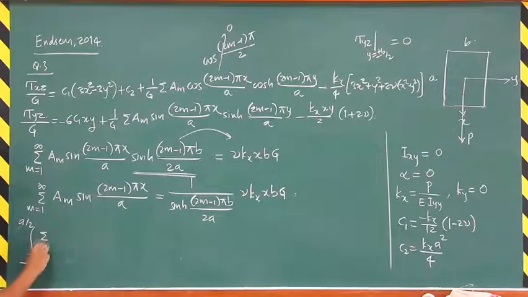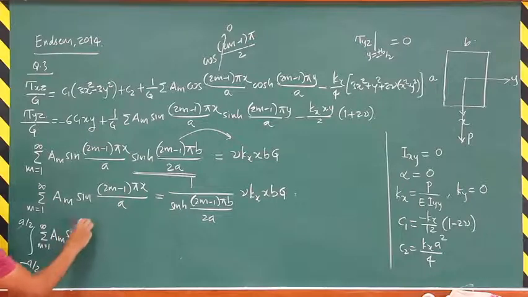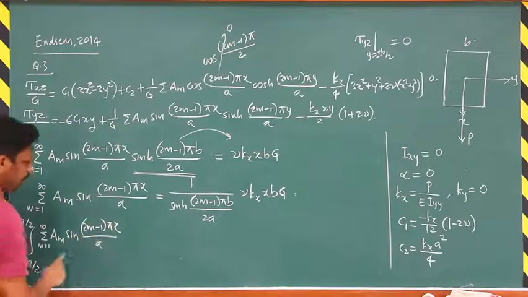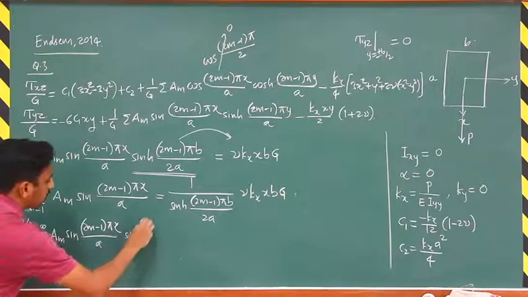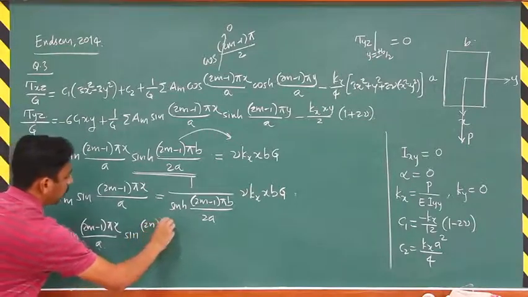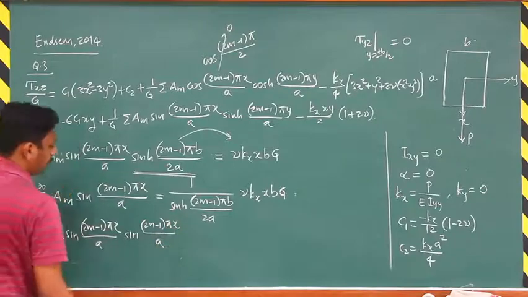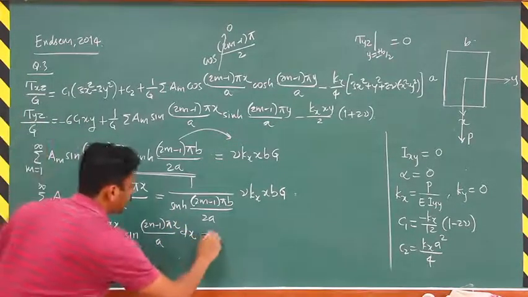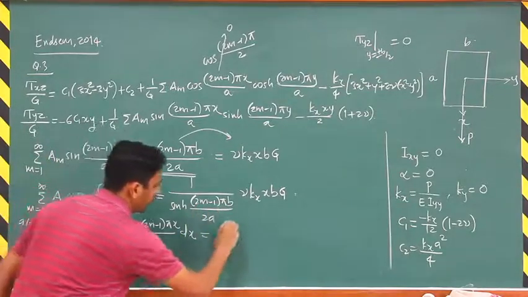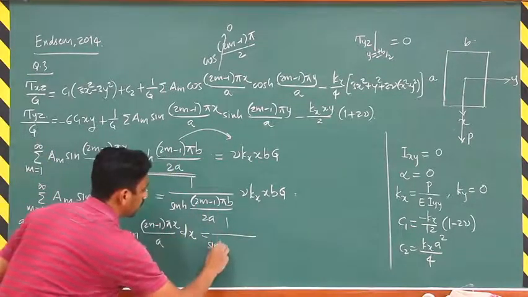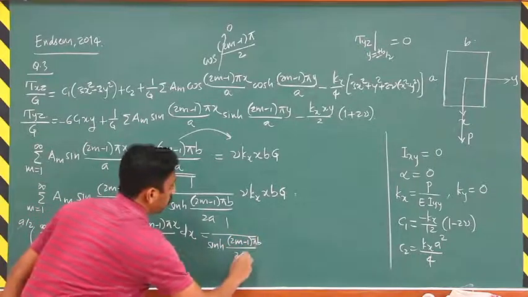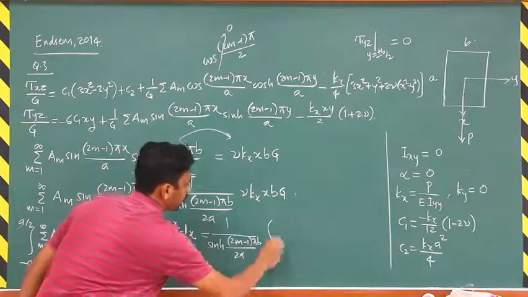This is the series, the original series, Am sin of 2m minus 1 pi x upon a, multiplied by sine of 2n minus 1 pi x upon a, integrated with respect to x, equal to, this is a constant, we can take it outside the integration, sinh of 2m minus 1 pi b upon 2a, again with integration from minus a by 2 to a by 2.